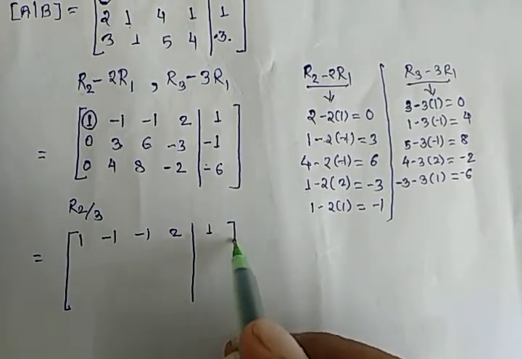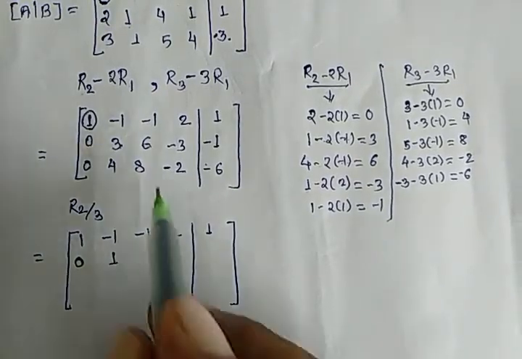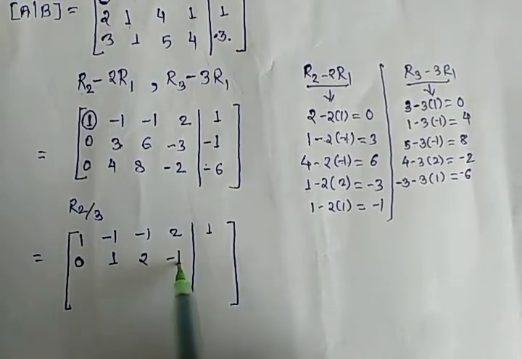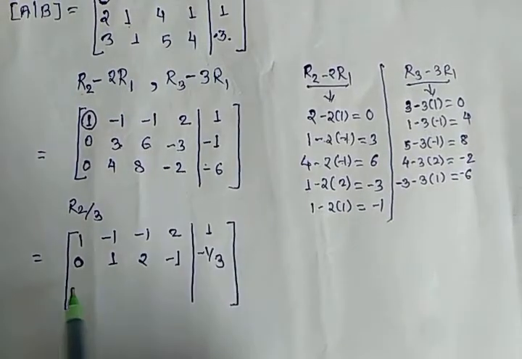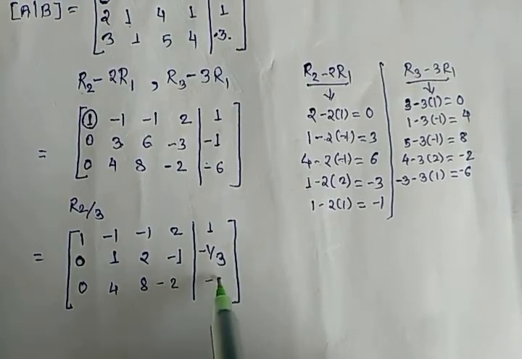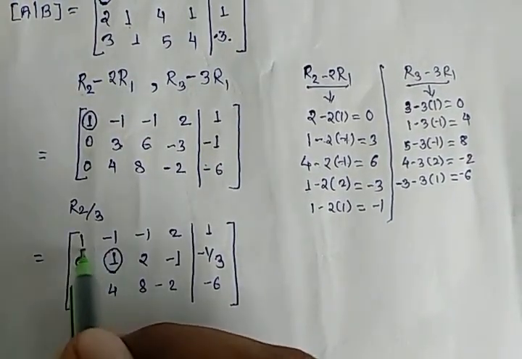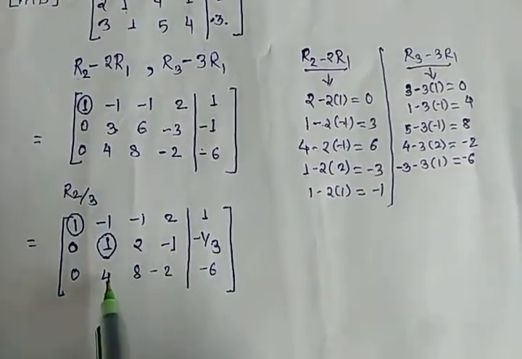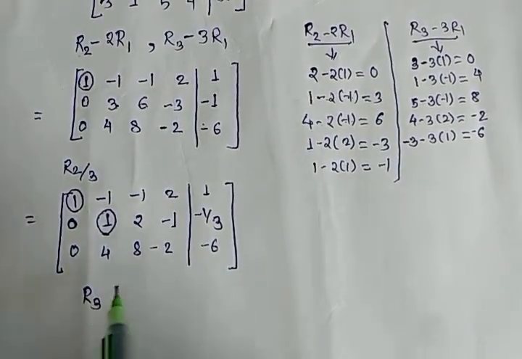In the second row there will be changes. It will be 0, 1, 6 divided by 3 is 2, -3 divided by 3 is -1, and -1 upon 3. The next row will be 0, 4, 8, -2, -6 as it is. Now we get a leading 1 at the A22 position, and at the A11 position. Now we have to make a 0 below the second leading 1, so we have to write the row operation.